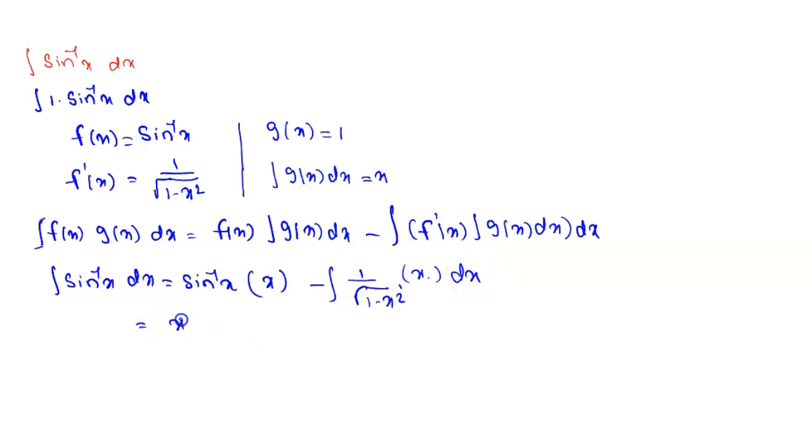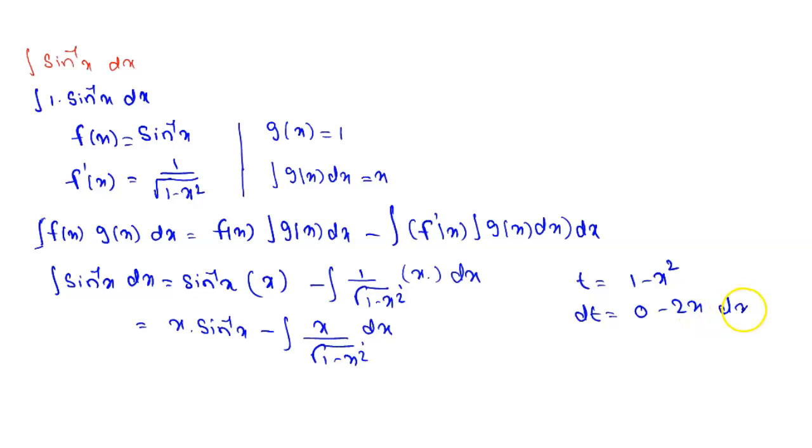into integration of g of x, which I already calculated, that is x dx. So this is equal to x into sin inverse x minus integral x by root over 1 minus x square dx. So here I need to use substitution. Put t is equal to 1 minus x square. dt is equal to 0 minus 2x dx.